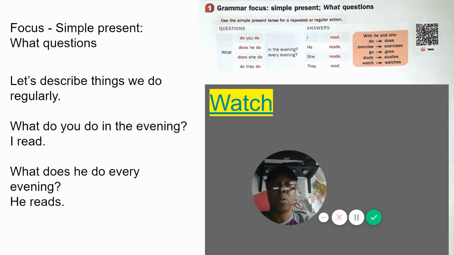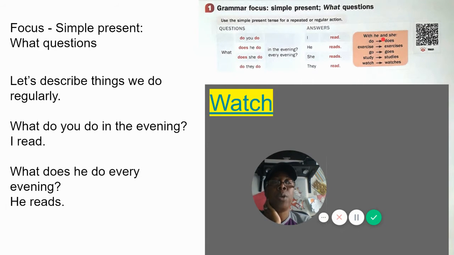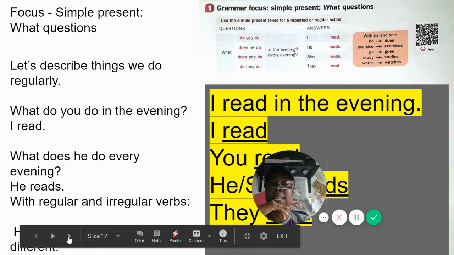As we just saw in the video, when you are answering a question where he or she is the subject, the verb tense will change to match the subject he, she, or it. But of course, when we're talking about people, we say he or she. Okay, let's move to the next slide.